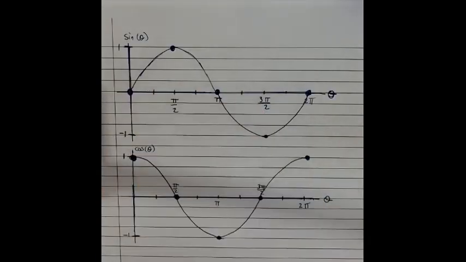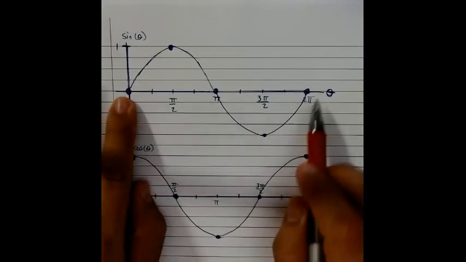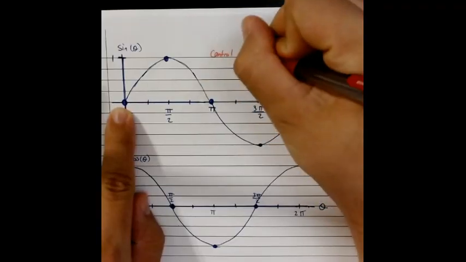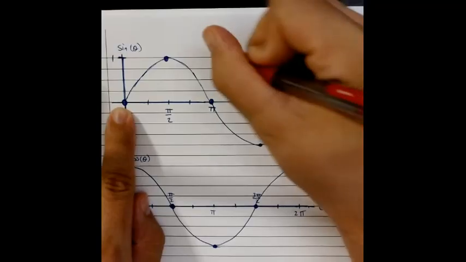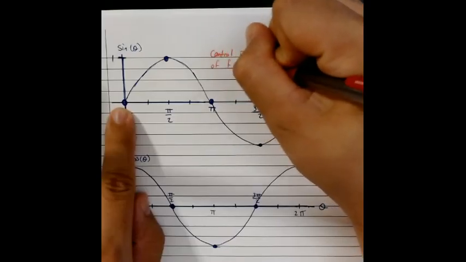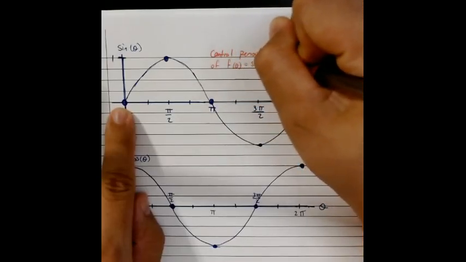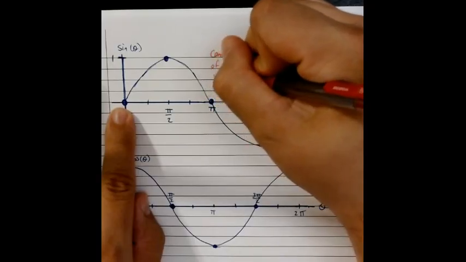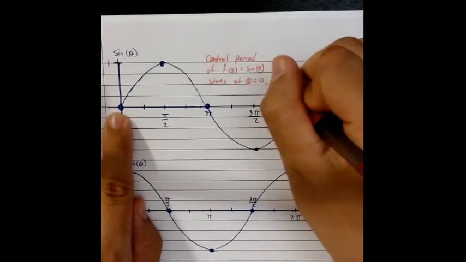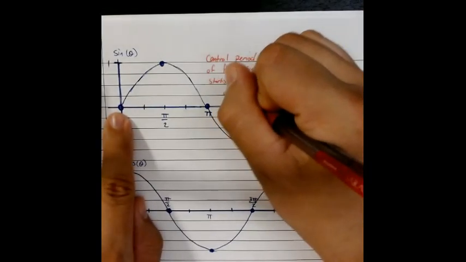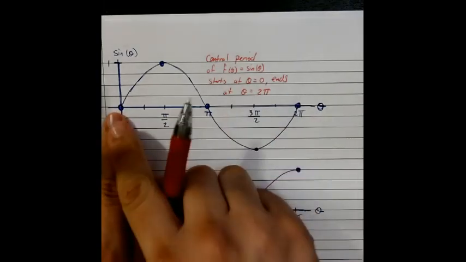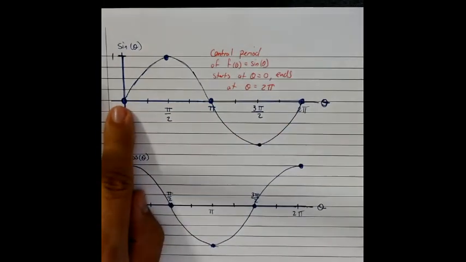So the central period of the sine function begins at 0 and ends at 2 pi. It starts at theta equals 0, and it ends at theta equals 2 pi.